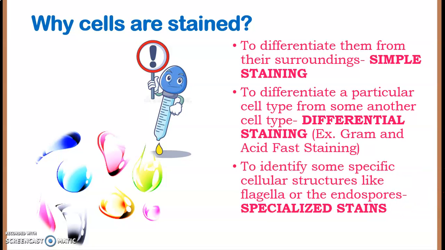To identify some specific cellular structures like the flagella or the endospores, there are the specialized staining processes. So the differential staining process, the Gram staining, actually differentiates the Gram positive and negative bacteria, and we will learn about it in a bit more detail.